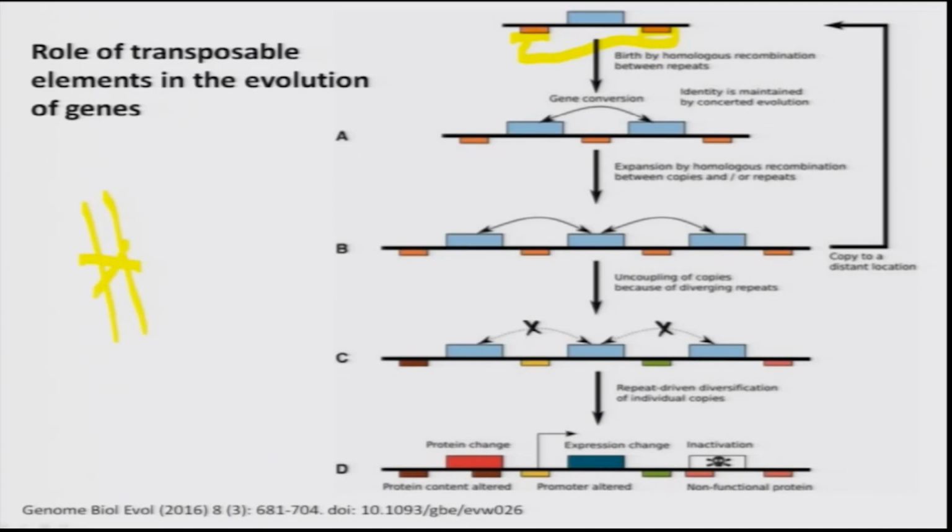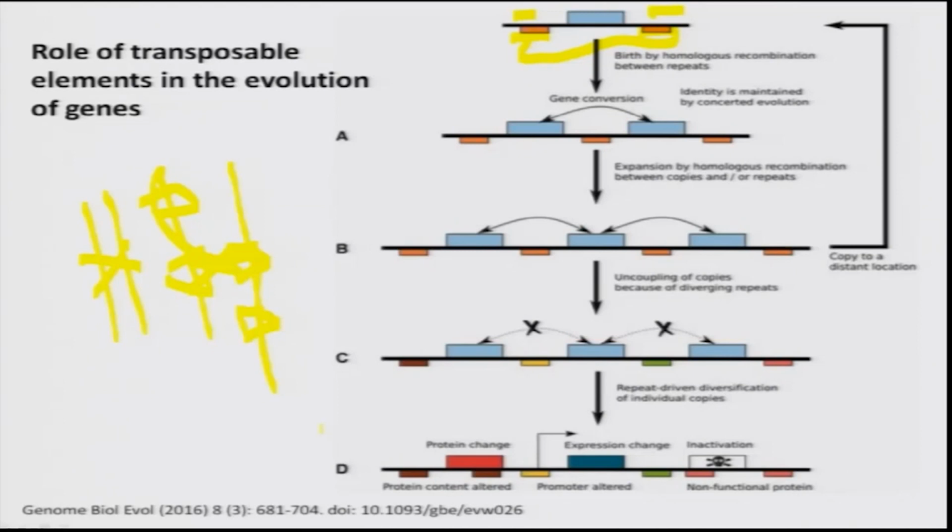There is a double strand break, and therefore a crossover happens. Since the transposed elements have identical DNA sequence, if you have two such elements nearby, the system may get fooled because it may identify these two as homologous segments, and then you would have a recombination going through this.